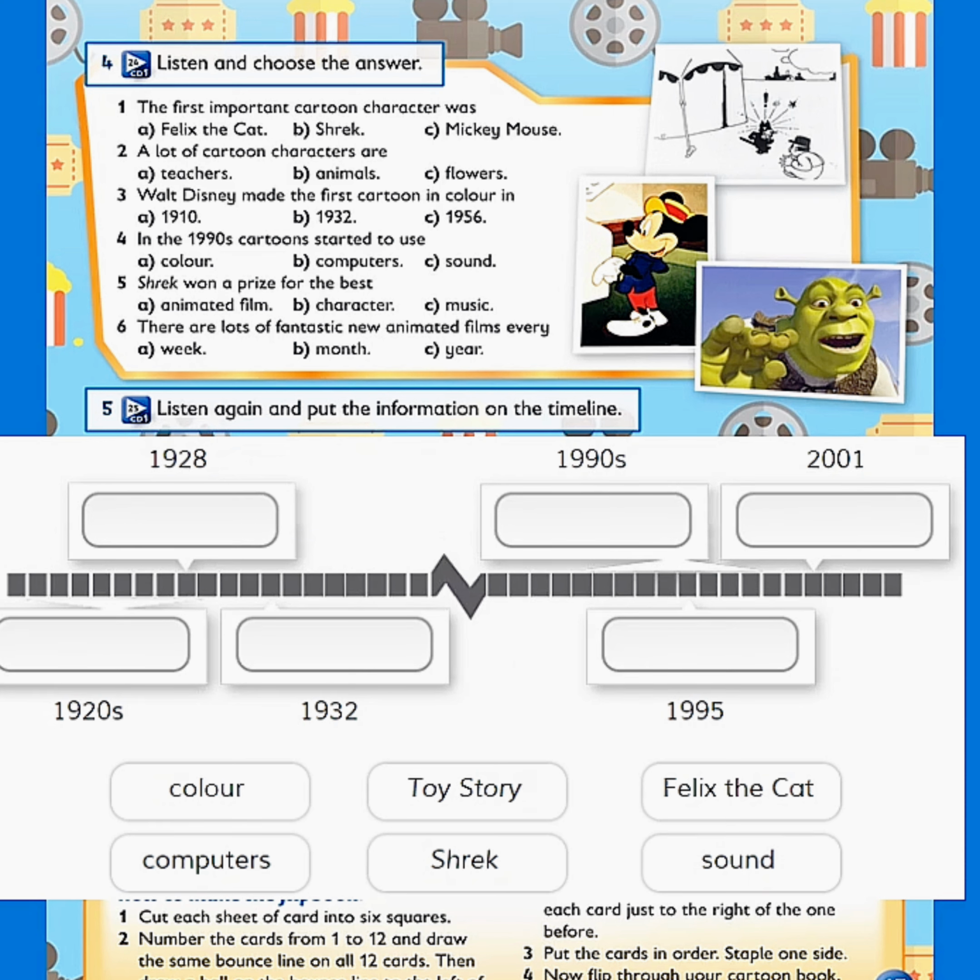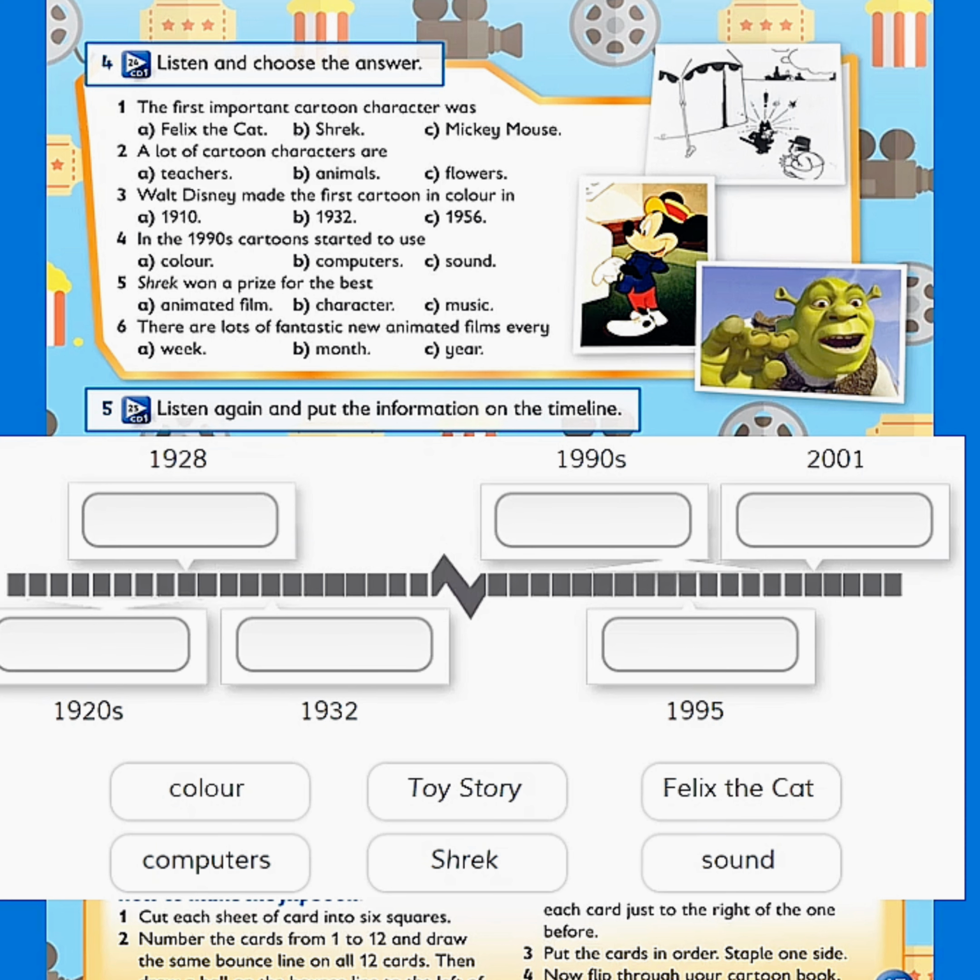Hello, and welcome to today's program about the history of cartoons. Here to tell us all about this interesting subject is Peter Jones. Hello. Thanks for having me. Who was the first popular cartoon character? Well, the first cartoon character that people liked in different countries was Felix the cat. Felix the cat? That's right. Felix the cat started in the 1920s and was very popular.